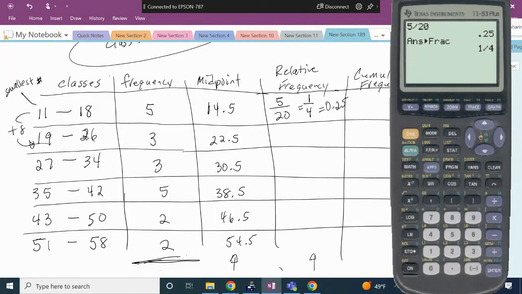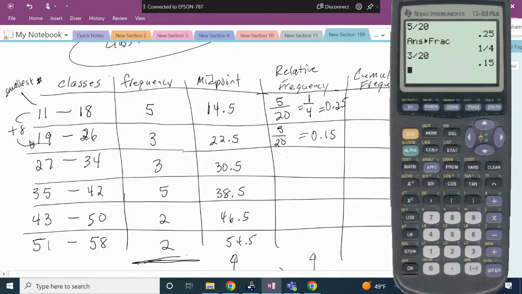If we were to calculate the relative frequency for the second class, we see that the frequency for that class is 3 divided by the total frequencies, which is 20. And 3 over 20, that's already in lowest form, but if we were to convert that to a decimal, 0.15.